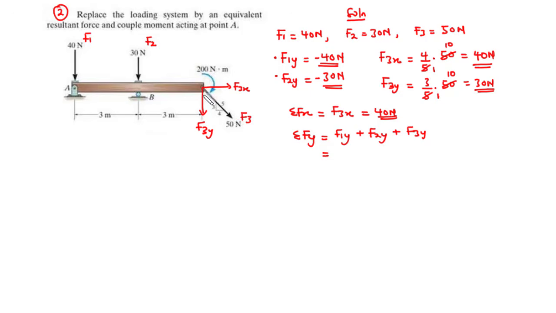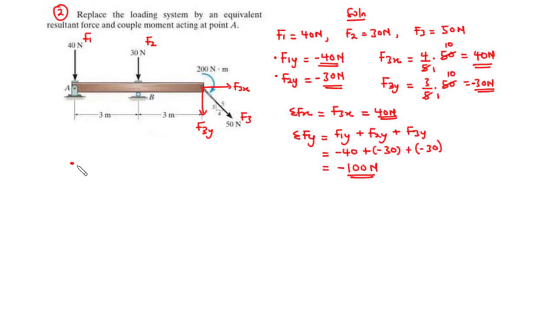Notice that all of them are acting vertically downwards, and so you are going to have this to be a negative value. And so you are going to have negative 40 for this plus negative 30 for this, and then plus negative 30 also for this, and that is equal to negative 100 newtons.